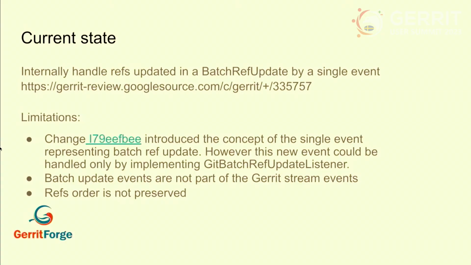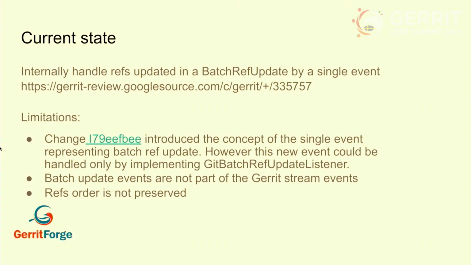So actually, Gerrit can handle batch ref updates thanks to amazing work done by Thomas Draebing, but there are some limitations. First, to listen to those events, you have to implement a Git batch ref update listener.